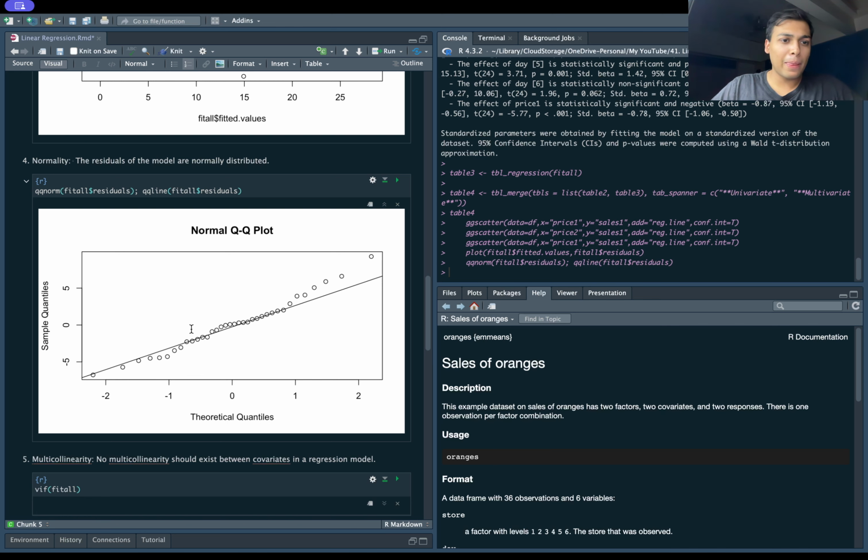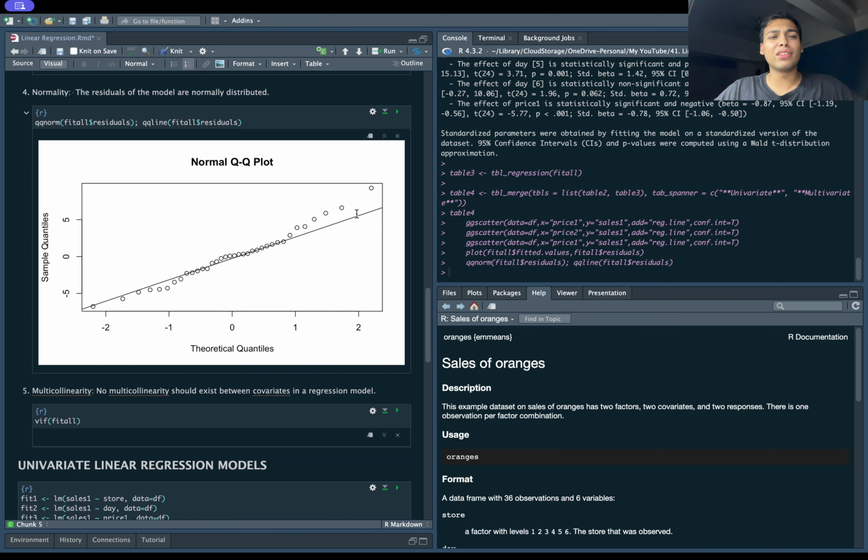So I would say okay, the data in the middle is conforming to this line more or less, but at the end, one or two, 1 2 3 4, are not strictly fitting onto this line. But I would say it's fine. This is more or less a linear QQ plot.